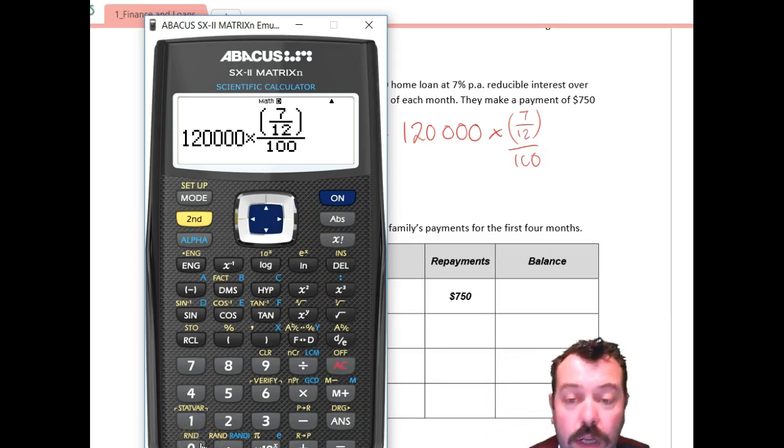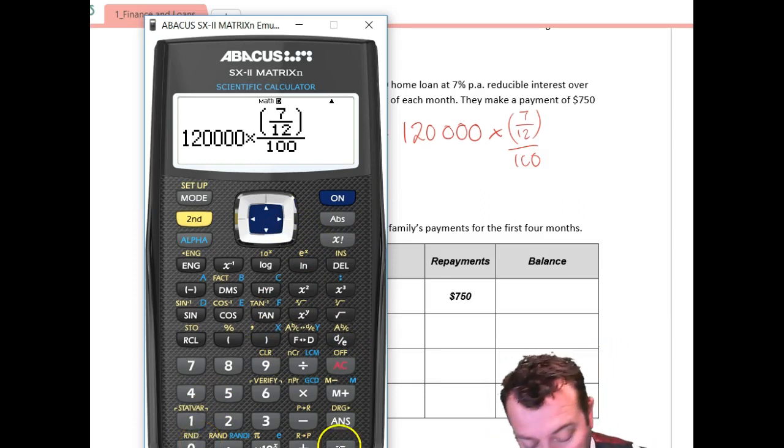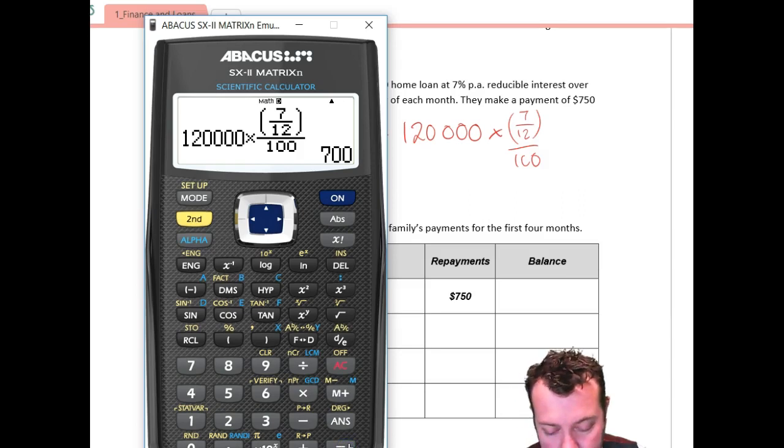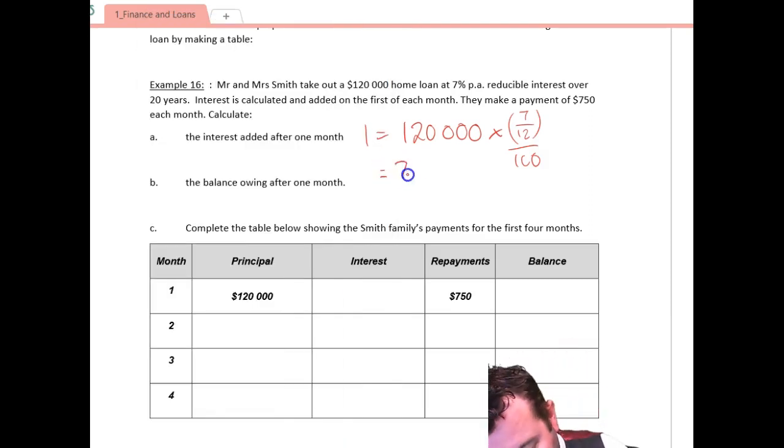You might have a shortcut for doing that, and that's perfectly fine, but you do need to make sure that you're being really careful with this. So there we go, my interest in the first month is $700.